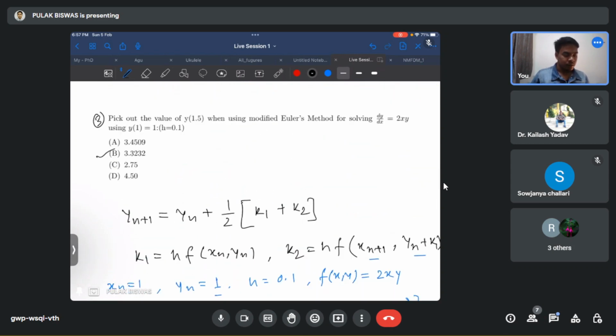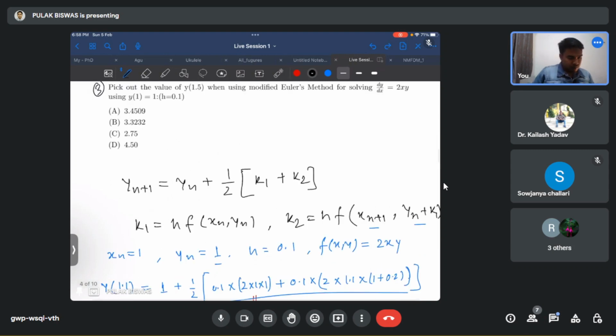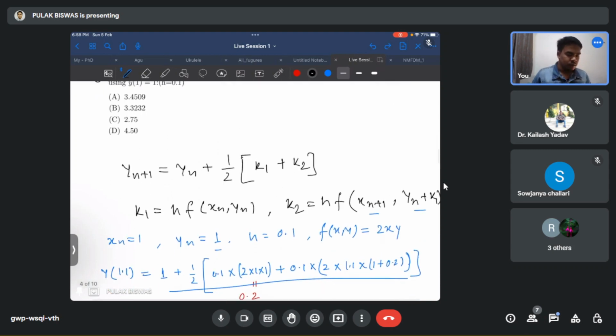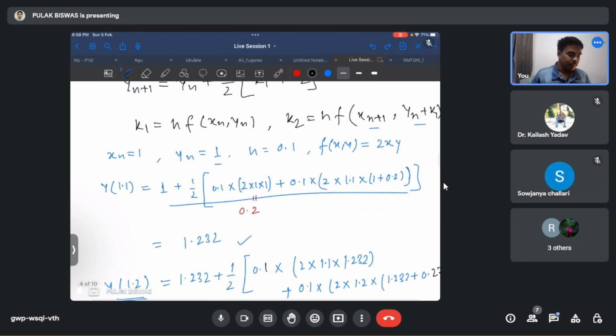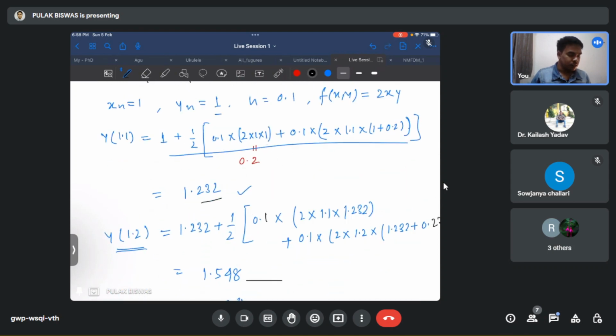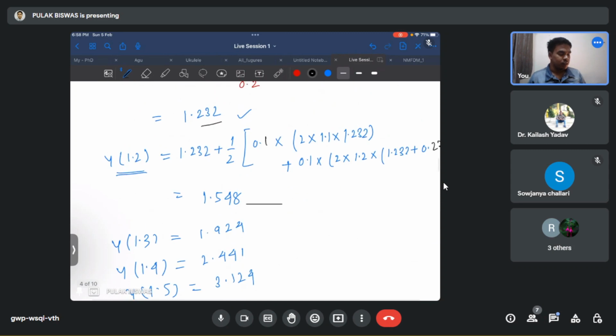Maybe this one, because it is closest to your answer. Maybe this is the right answer. So check it with hand calculation, and maybe consider only up to the third decimal point.